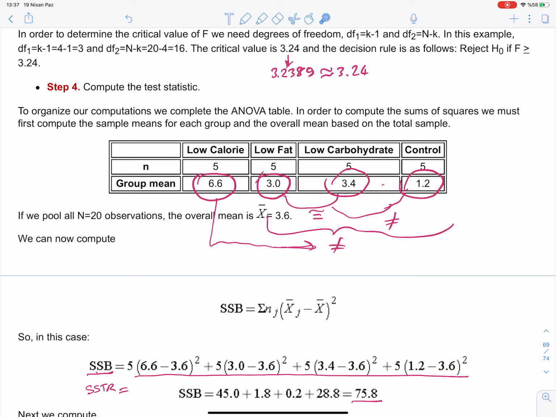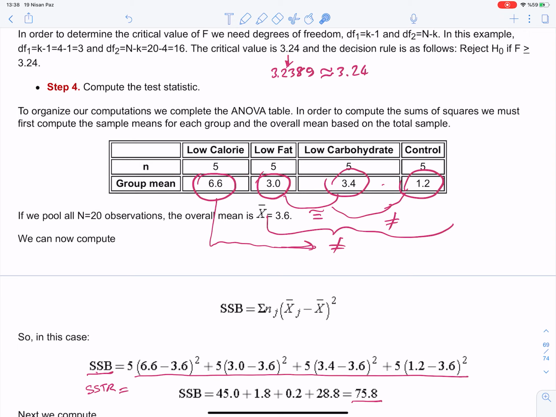We are definitely sure. But in my expectation, there will be no difference between low fat and low carbohydrate, and there will be a difference between low carbohydrate and the control. There will be a difference, and this is the highest difference, between the low calorie group and the control group.